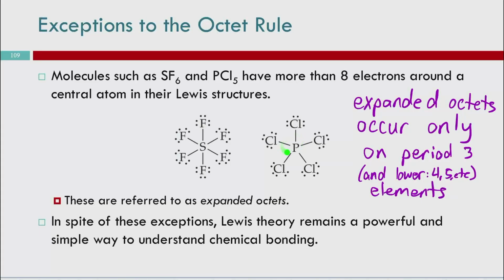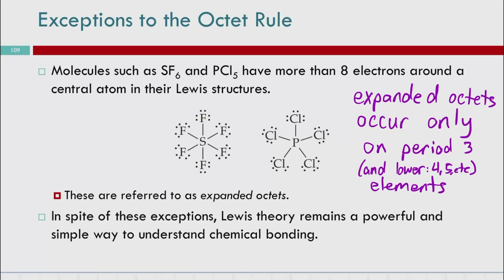So things like phosphorus and sulfur on our periodic table, you'll find those over in our P block. Right, they're in period 3, and those can have expanded octets.